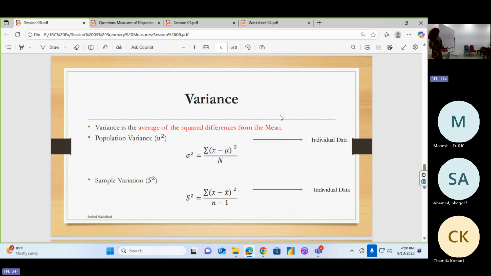Now we move into the next tool. The next measurement, the third measurement, is variance.